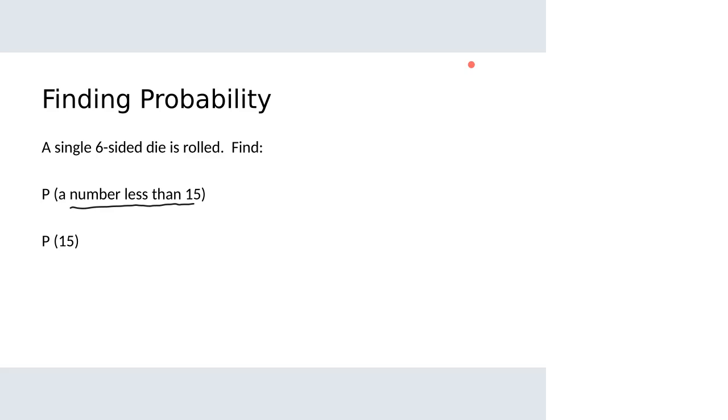And again, probability is still successes over outcomes. That hasn't changed. So with that in mind, what is the probability of getting a number less than 15 if I roll a single 6-sided die? Your instinct is correct here, so don't second guess yourself.